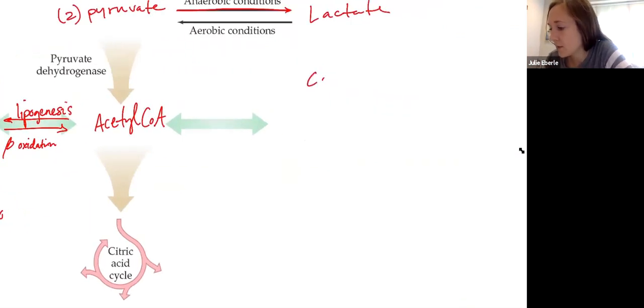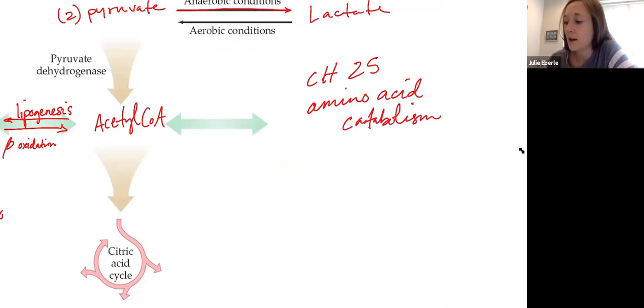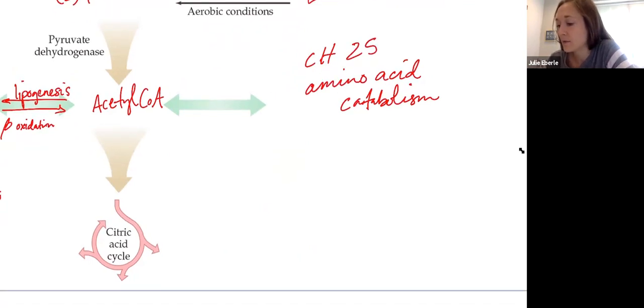On the other side, we have our chapter 25 stuff, and this was amino acid catabolism. So before we actually break down amino acids, we digest them, and then we run several steps. Anybody remember the steps from yesterday?